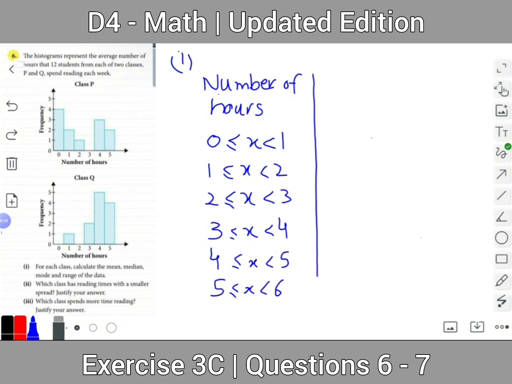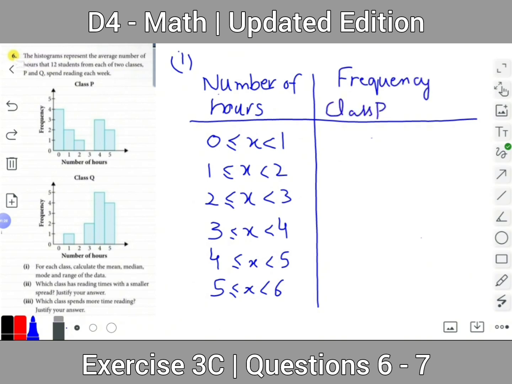Now the frequency for class P and class Q respectively.